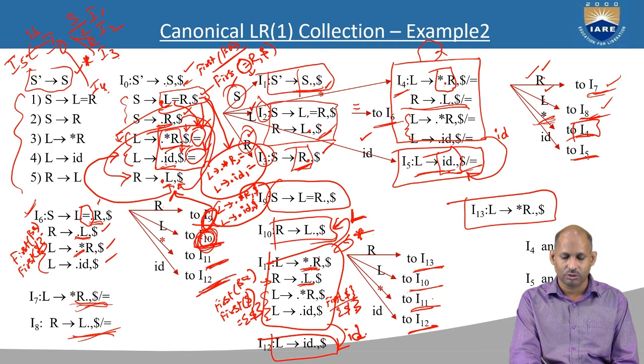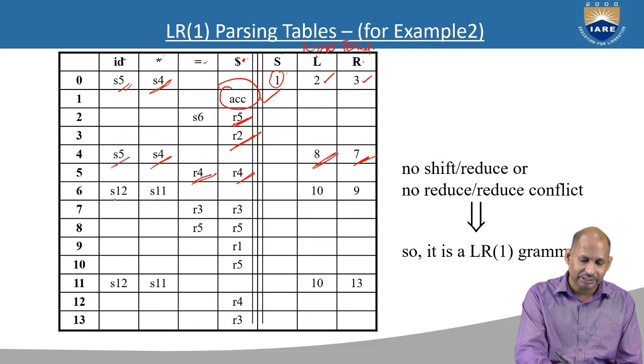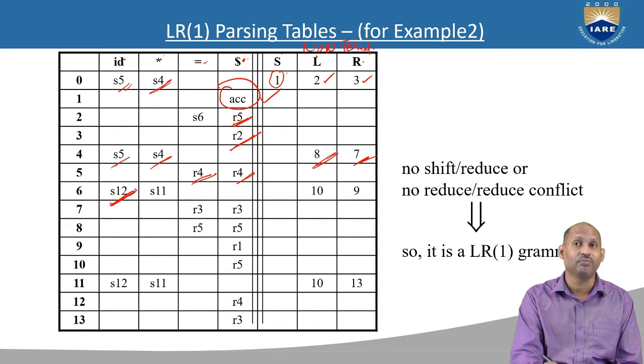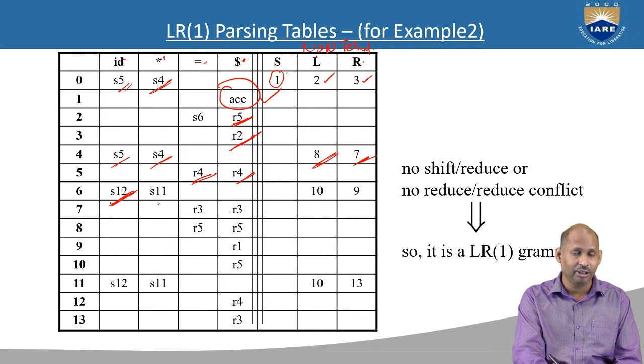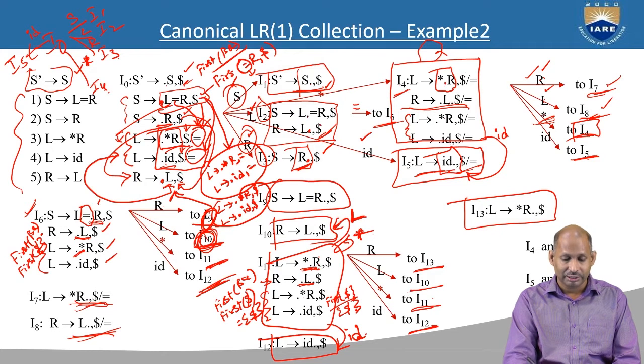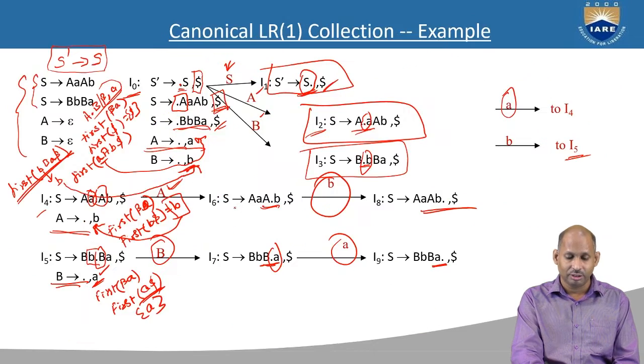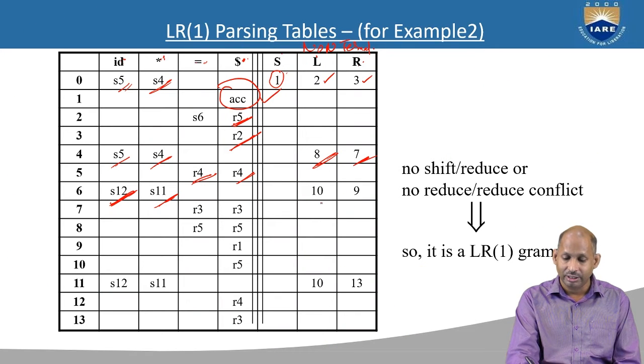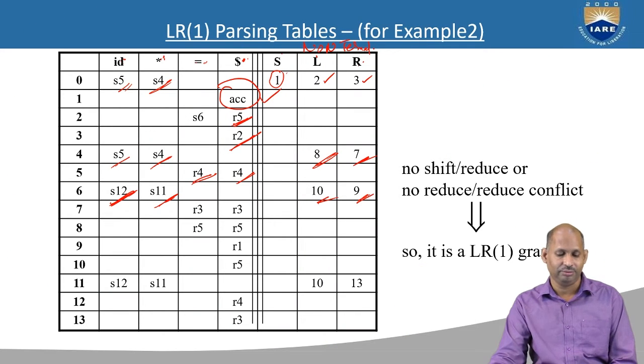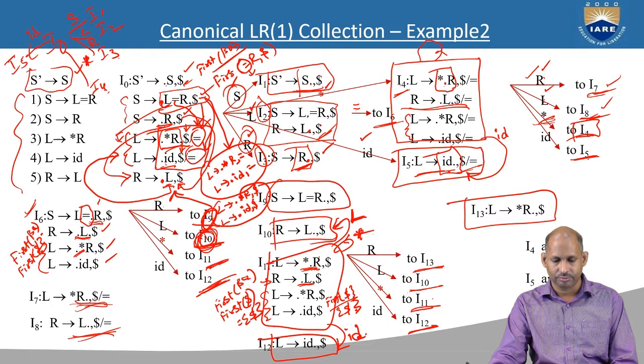ID means 12. So ID means terminal S12. Multiplication means terminal S11. Then here these are the variables, so we are simply writing 9 and 10.